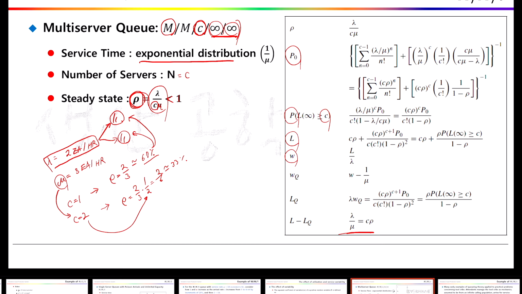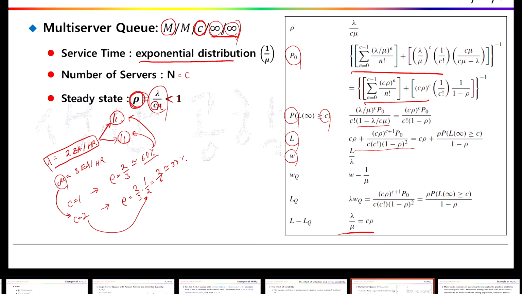So if any of you really want to prove this kind of calculation, then please let me know. I will let you know the reference material about queuing theory.